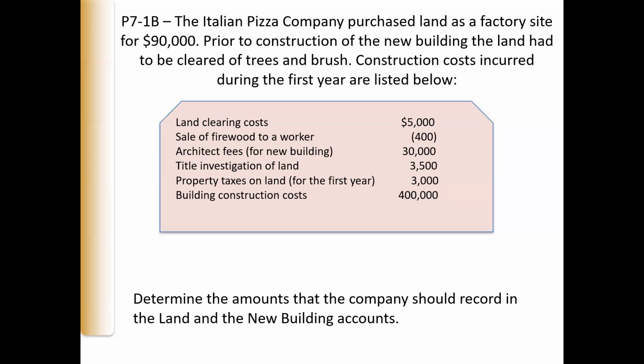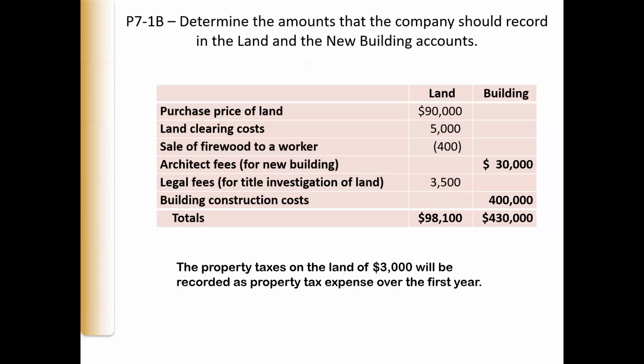For the land portion, I'm gonna guess that the land clearing cost and then the investigation of land and then the building construction. So 407,500. I'm thinking.